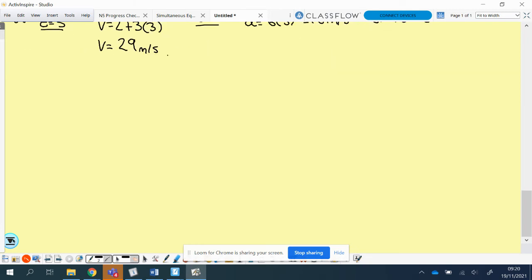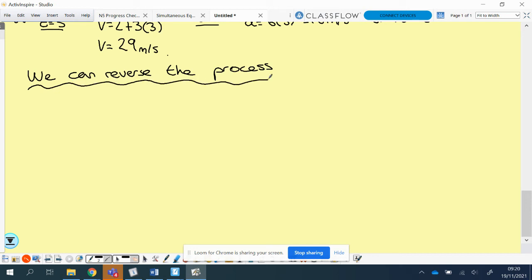Okay, so we can reverse the process. So therefore, if I wanted to work out my displacement, then I would integrate the velocity function.